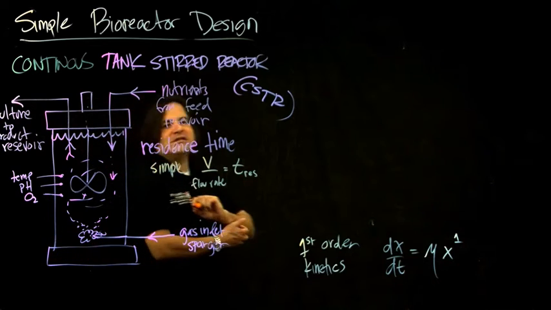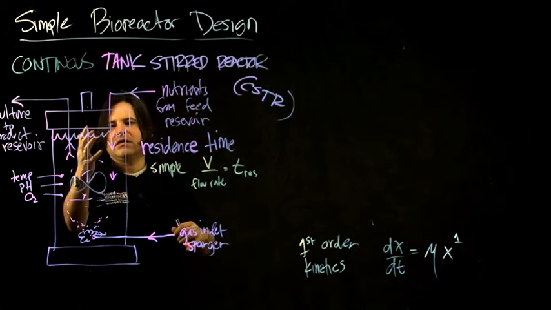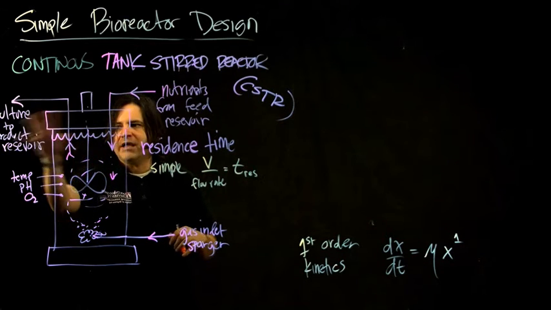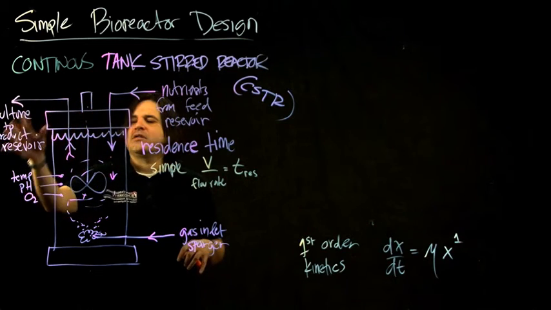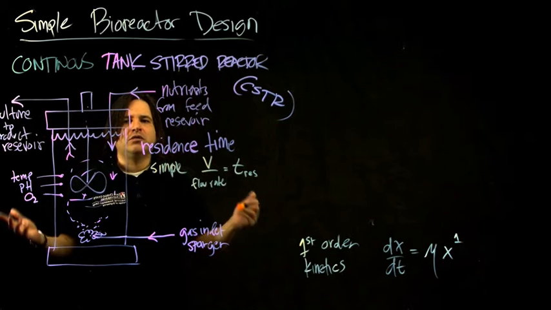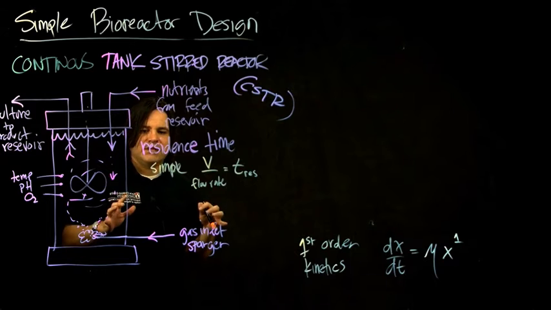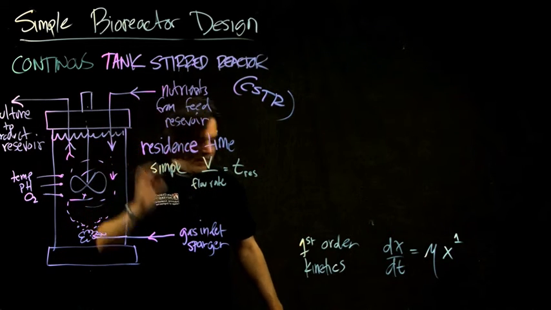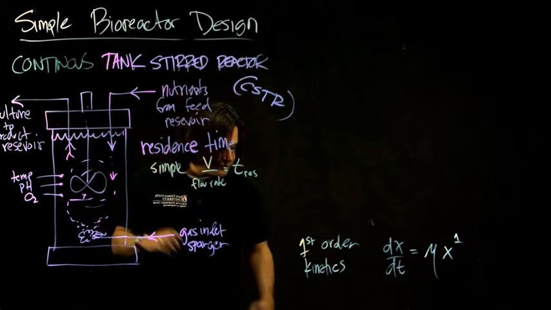So that's a residence time, and that's the time that you have in this certain setup to get to your products. And of course, if you don't have enough time, it'll affect the results. If you have too much time, you don't need that much of a reactor. You want to optimize the residence time, and that depends on all these factors: the temperature, pH, and the details of the bio process you're doing.